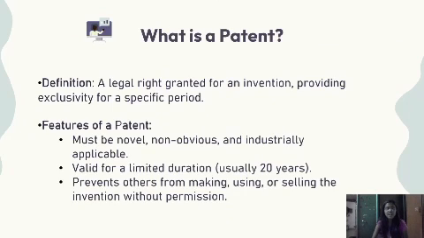So what exactly is a patent? We have all heard the word patent a lot of times. So when you need to theoretically define the word patent, it means that a patent is a legal right granted to an invention providing exclusivity for a specific period of time.